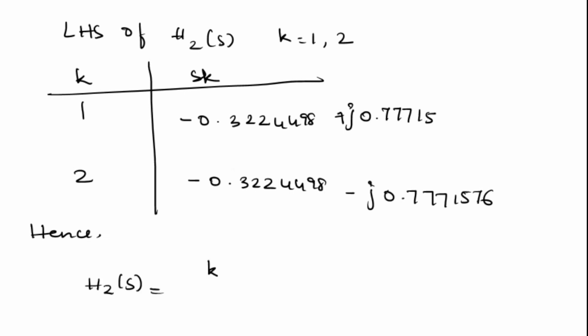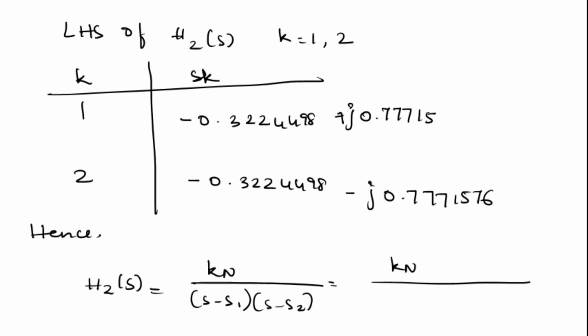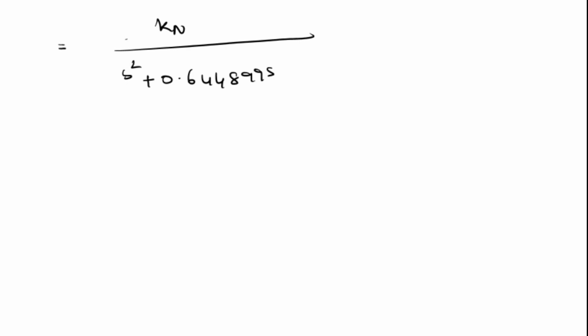is equal to Kn divided by (S minus S1) into (S minus S2), which is equal to Kn divided by (S plus 0.3224498) whole square plus 0.7771576 whole square, which is equal to Kn divided by S square plus 0.644899S plus 0.7079478.